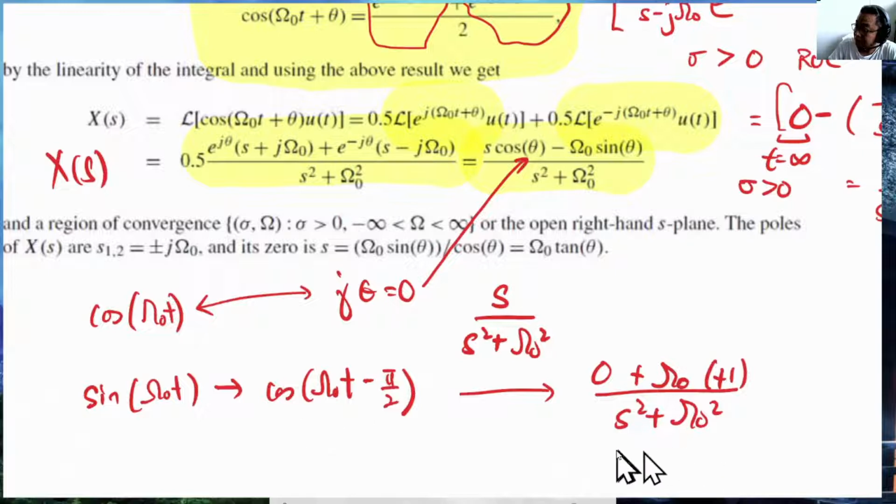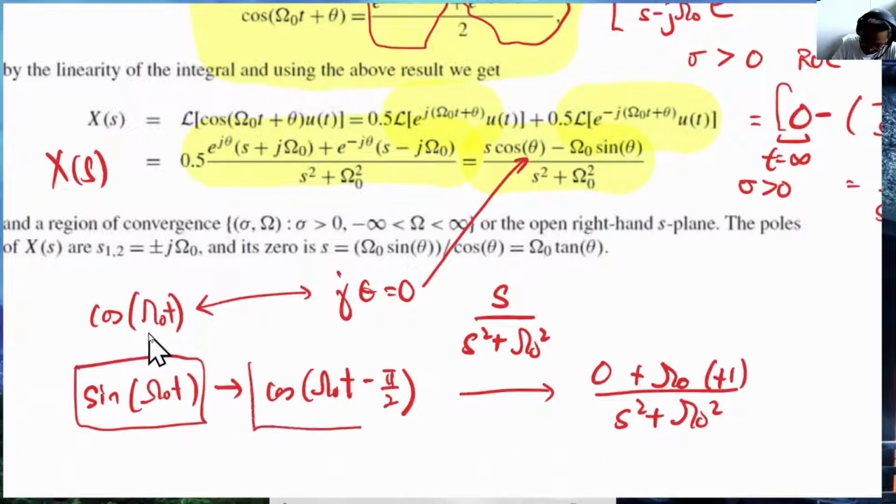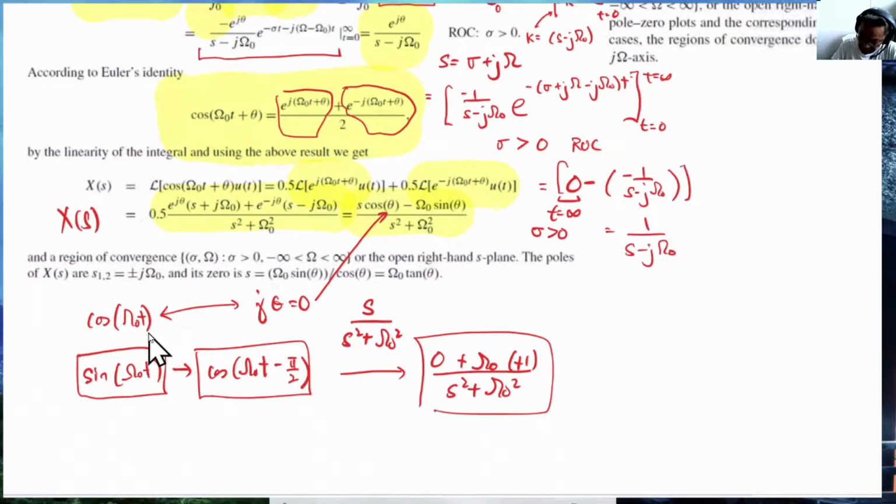So again, it matches. Sine omega naught t is omega naught over s squared plus omega naught squared, which is what we expected.